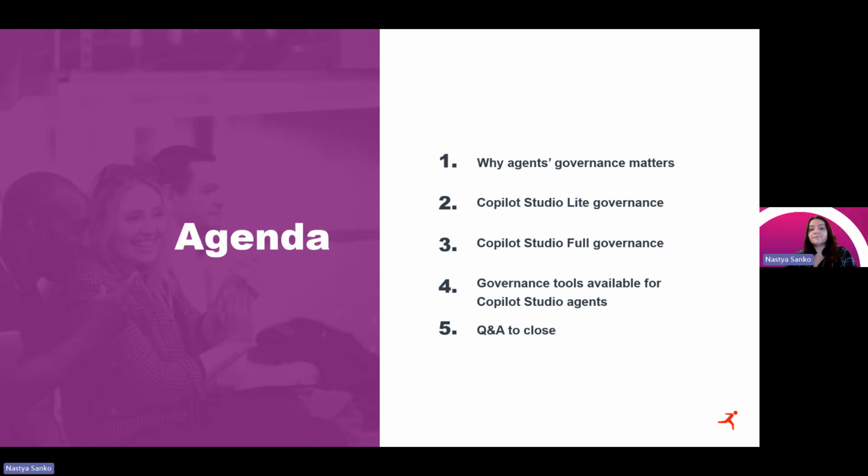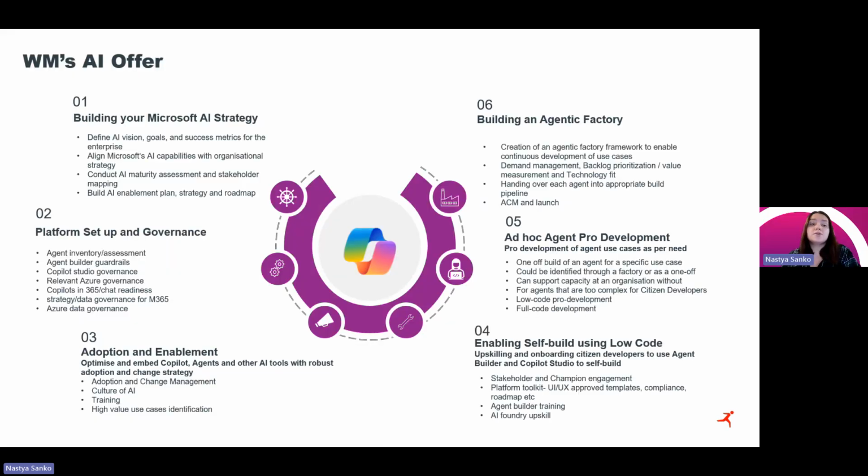Before we dive into Copilot Studio governance, I just want to take a step back and look at the AI adoption and AI enablement of the organization. When we talk about AI adoption, based on what we're seeing in the organizations we're working with, it consists of a couple of pillars. You don't just dive straight into building your agents or enabling M365 Copilot licenses for end users.